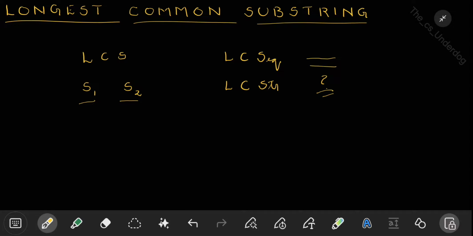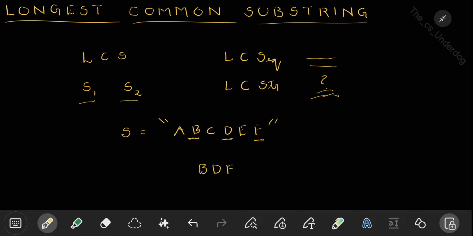Let us understand this with an example. If your string is A, B, C, D, E, F, then B, D, F is a subsequence of the string. You can see these letters are not occurring contiguously in the string, but still it is a subsequence. Is it a substring? It is not. Why is it not a substring?